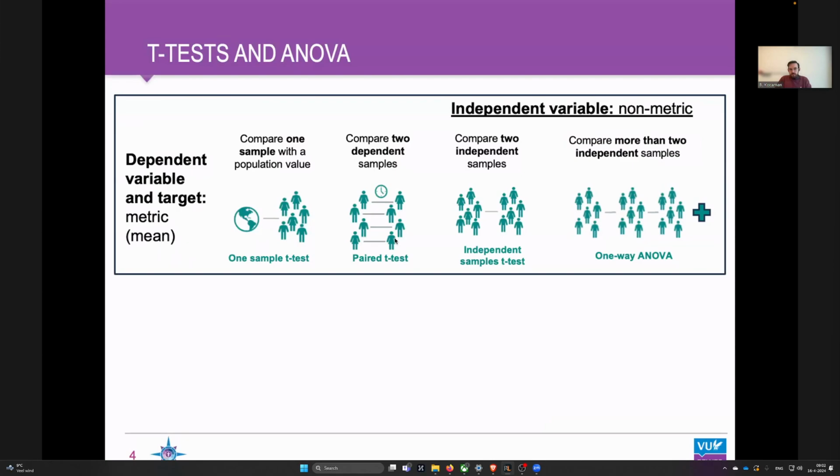Or you might have two different ways of asking the same question, and you are comparing if these are measuring the same thing or different things, etc.